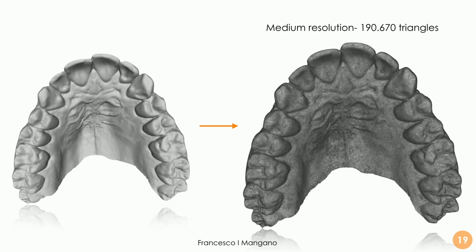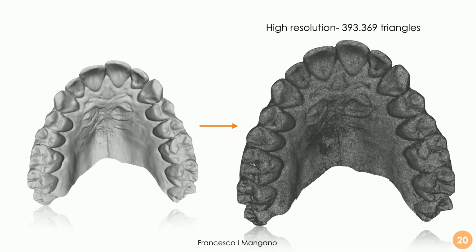If we have another application, for example, if we need to design a surgical guide, then we can use a medium resolution with less than 200,000 triangles. We have enough triangles to design our surgical guide on, and the guide will fit perfectly, will be precise enough, and we don't need so many triangles, because with more triangles the file becomes heavier.